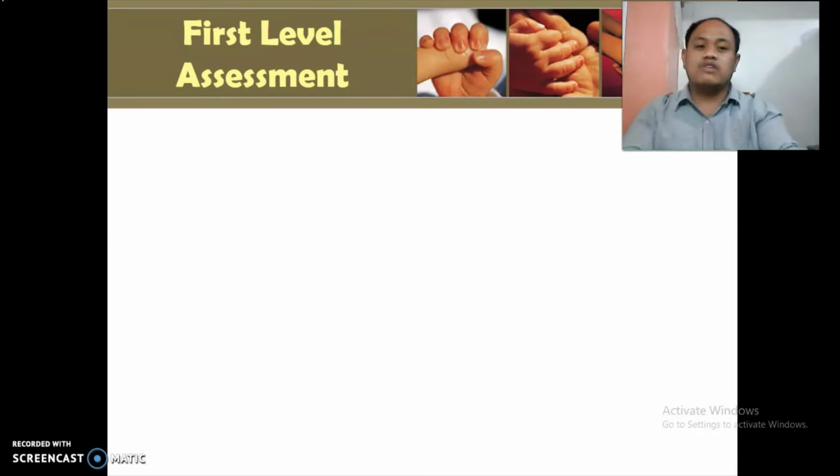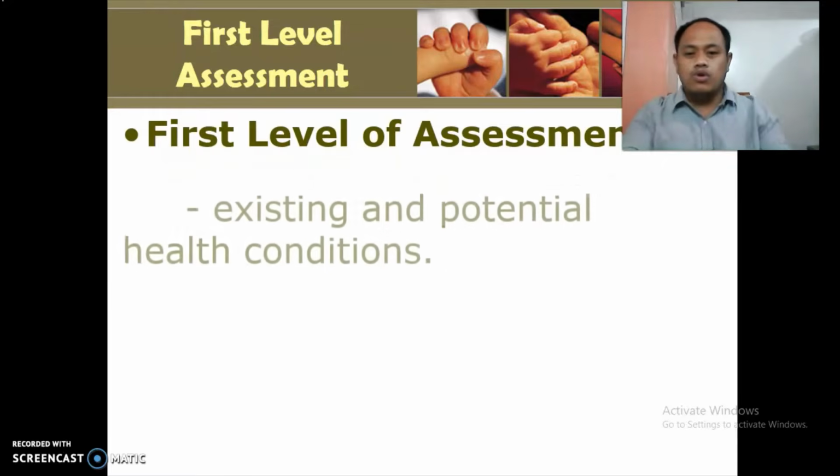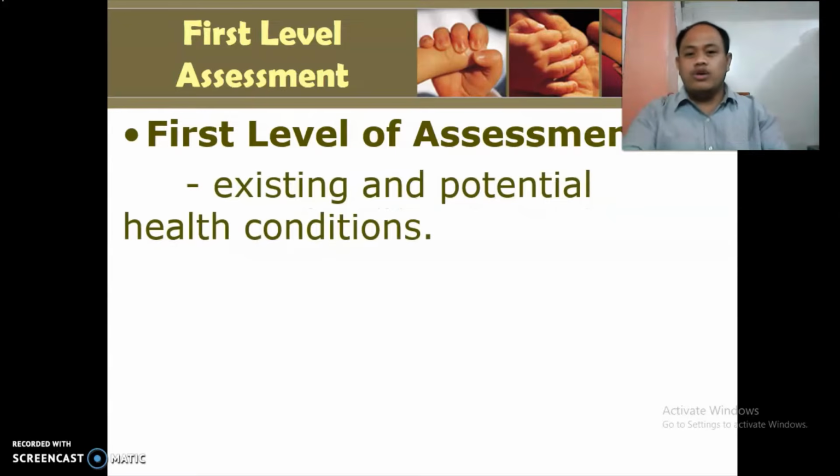When I talk about the first level of assessment, guys, this is basically identifying or determining the existence or the presence of existing and potential health conditions that can affect the optimum level of functioning of a family.